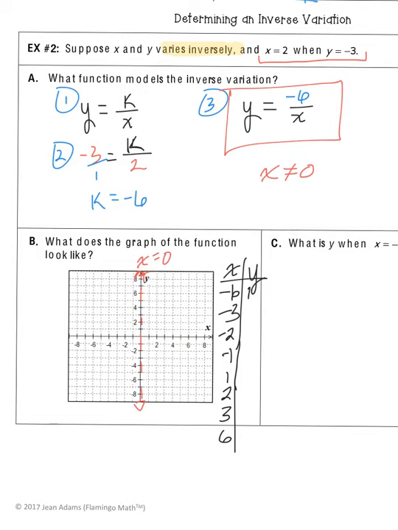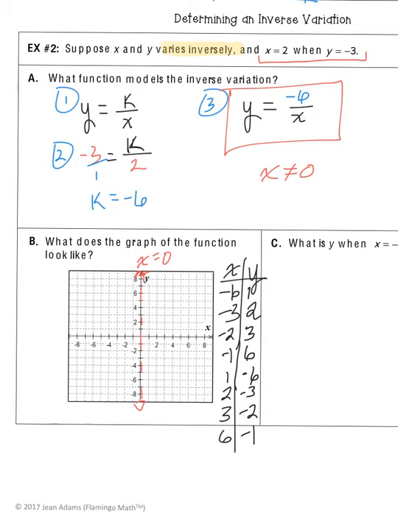Negative 6 divided by negative 3 is positive 2. Negative 6 divided by negative 2, positive 3. Negative 6 divided by negative 1, positive 6. Negative 6 divided by 1, negative 6. Negative 6 divided by 2, negative 3. Negative 6 divided by 3 is negative 2. And negative 6 divided by 6 is negative 1.